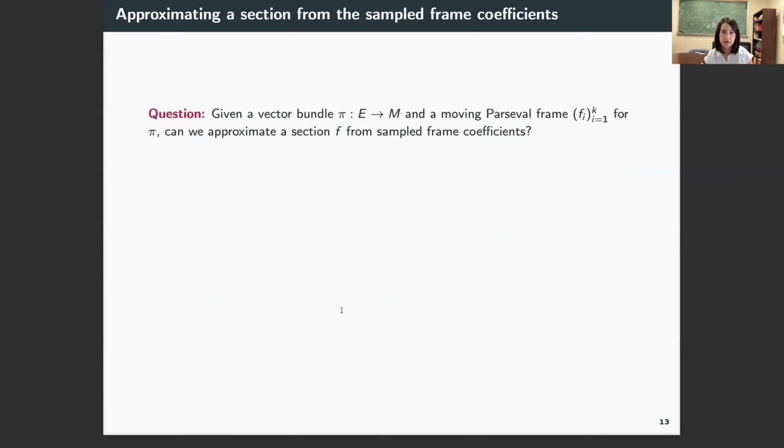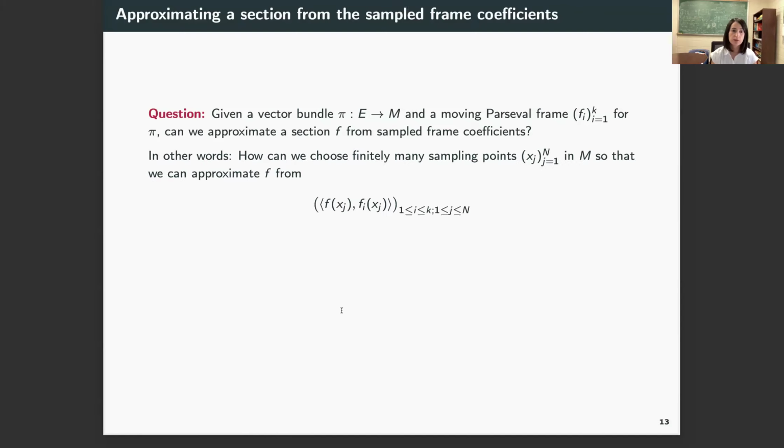The question that we would like to ask here is: given a vector bundle and a moving Parseval frame, can we approximate a section f from sampled frame coefficients? So we are going to think about it in other words.